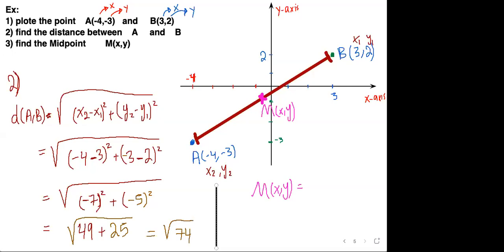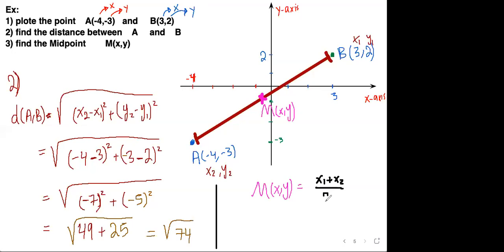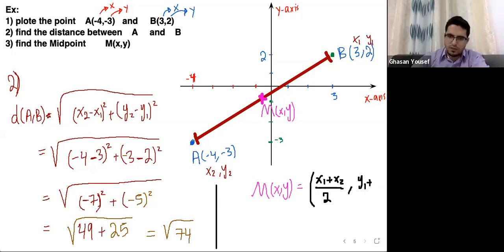Midpoint is x1 plus x2 over 2. Hold on, x1 plus x2 over what? Over 2. Okay, comma y1 plus y2 over 2. Okay. Then what do I have to plug in here?